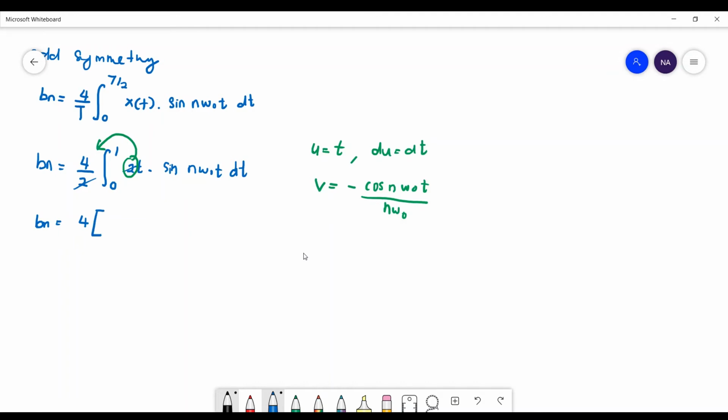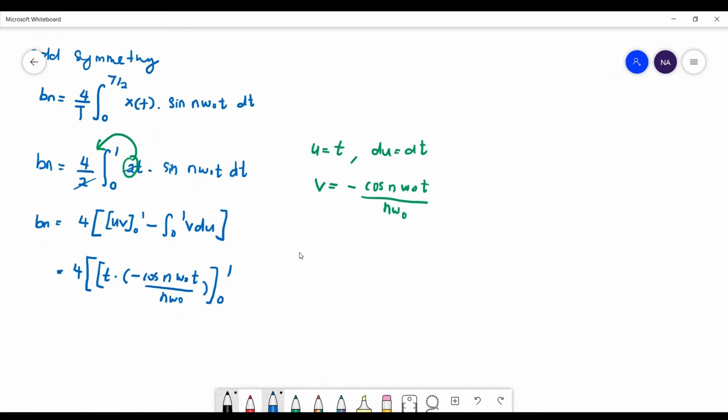And then when you are doing the integration by parts, you need to find uv minus the integration of v du. So what is u now? u is t, times v, which is negative cos n omega naught t over n omega naught. So this one is in the range of 0 to 1.